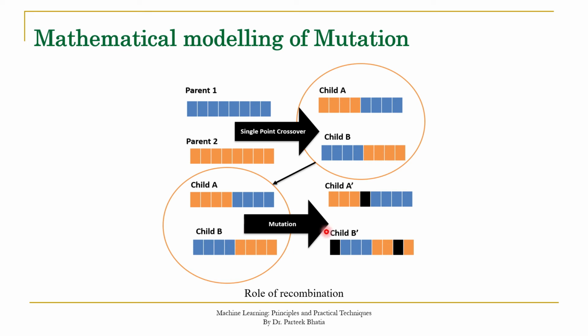Then we have a process of mutation which randomly changes some of the genes of these children. Here you can see that this particular gene has been changed randomly, while in the case of child 2, a gene has been changed randomly through the process of mutation. How this process of mutation can be coded into an algorithm, we will discuss in this session.